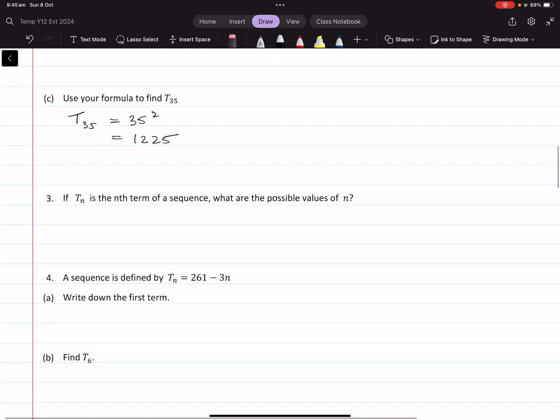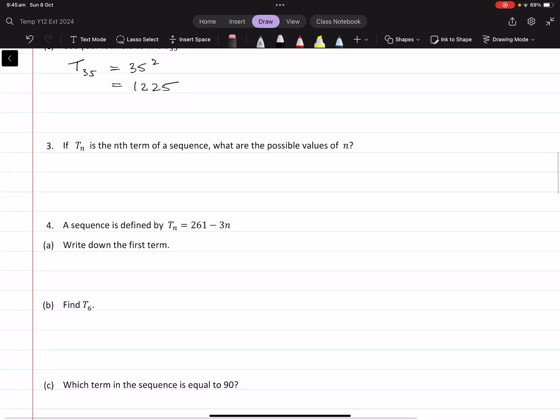Example 3. The nth term of a sequence, what are the possible values of n? So Tn is the nth term of a sequence. What's n? Well, we can find the first term, the second term, the 10th term, the 100th term. The term numbers have to be whole integers. So we can't find term 1.5. We can't find term pi. We need it to be term 1, term 2, term 3.